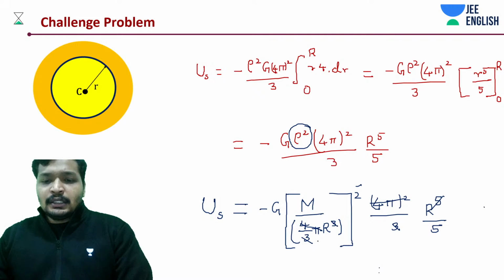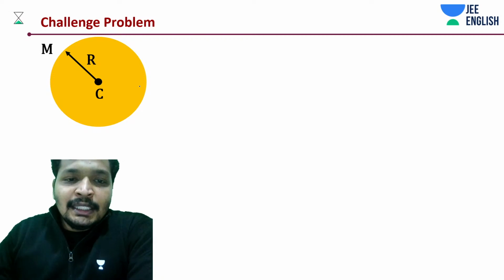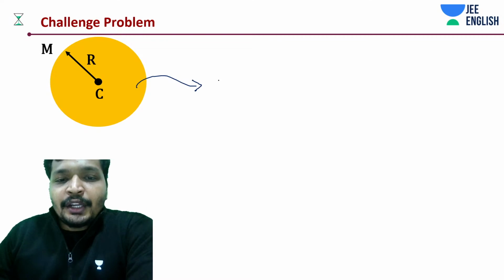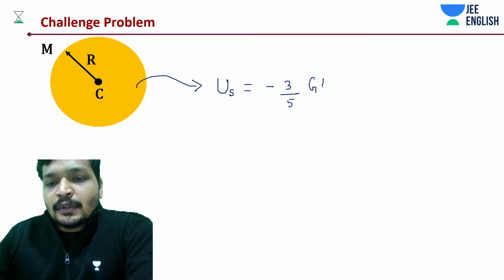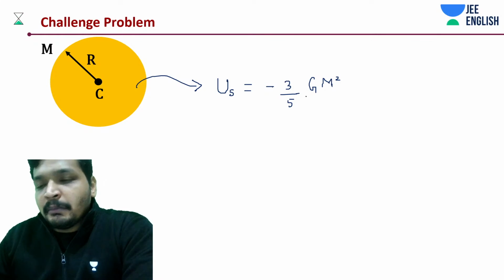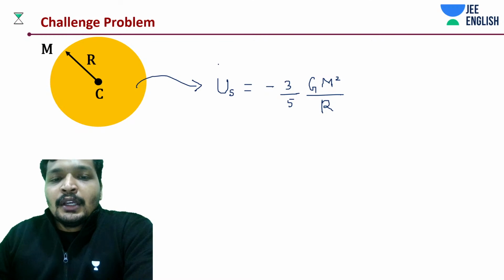So there would be 1 3 left, which would be carried on to the top. We'll be having 5 on the bottom. It's minus g m square by r. So this shell is going to have a self energy of minus 3 by 5 g m square by capital R.